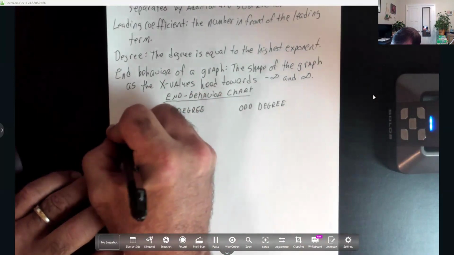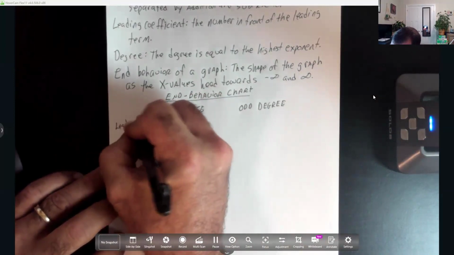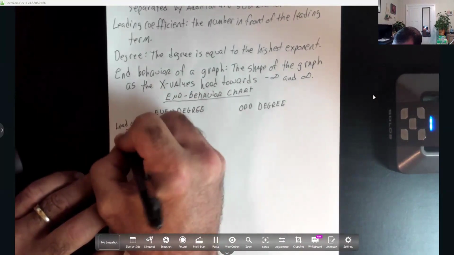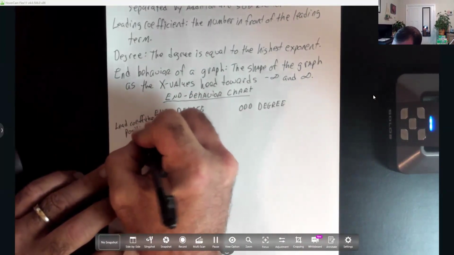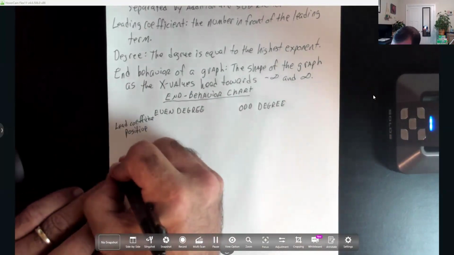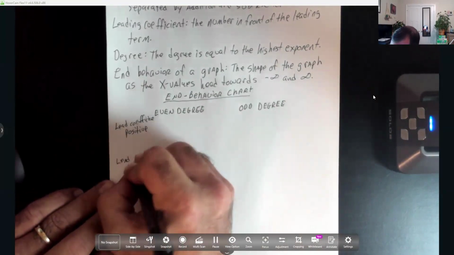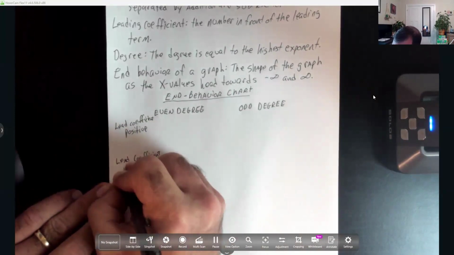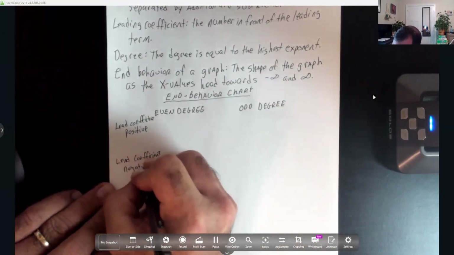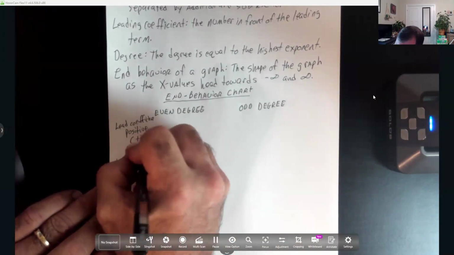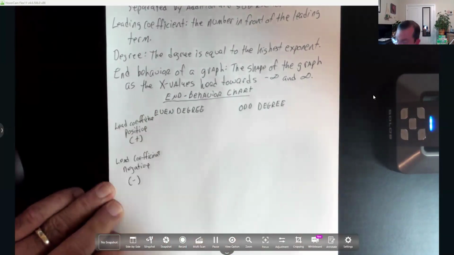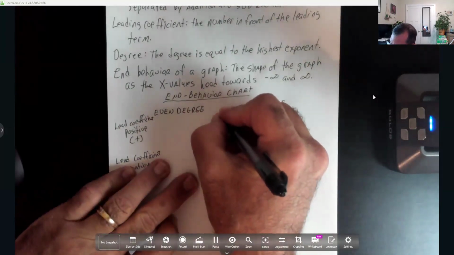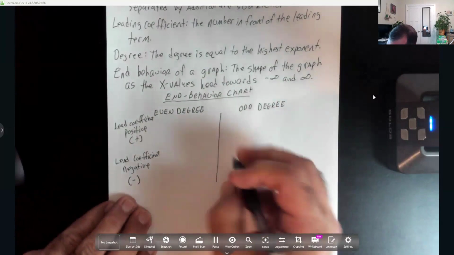So is the lead coefficient positive? Or is your lead coefficient negative? So let me put a plus here and a negative here. All right, so we draw a little T-shaped graph here.